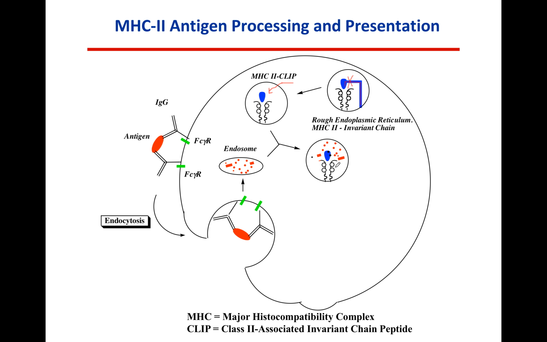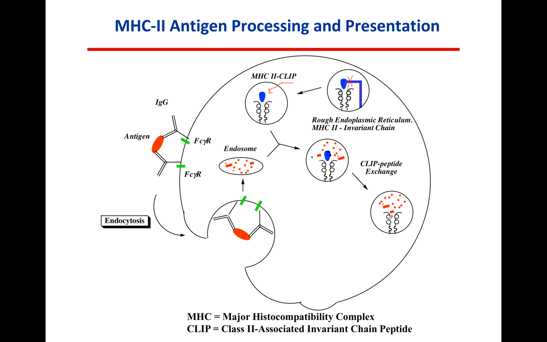If there's a peptide in here that's able to bind to the MHC2 complex, then it will displace the blue CLIP peptide from its surface. As a consequence of this exchange, you get a peptide from the antigen that's now bound to MHC2. So this is called CLIP peptide exchange.